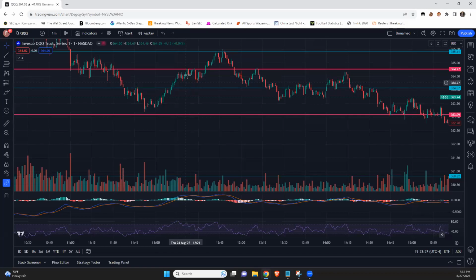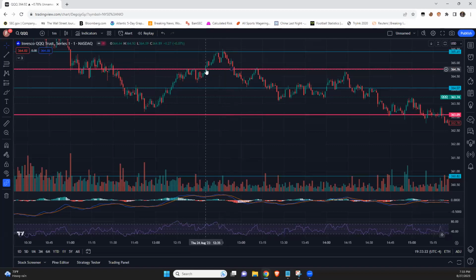We moved our stops, and as we were testing this area, notice here again, the buying volume started to decrease a little bit, but we were still respecting this area. We're consolidating, and then as soon as we tested this area, we got beautiful, consistent buying volume, and then ended up breaking this big area, and then we tested that 365.5 area.